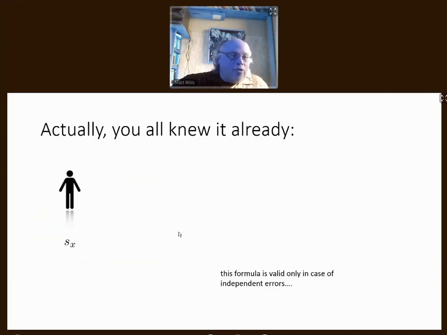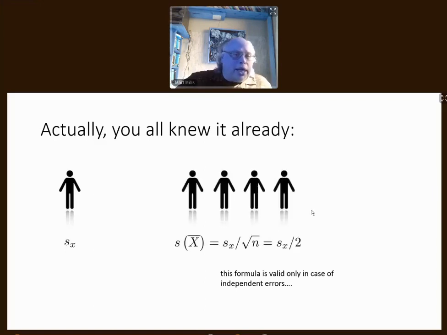You probably already know it in this sense that if you have some variability in how accurately you can predict one person, for example, or one observation, and if then somebody asks how accurately you can predict the mean of, let's say, 4 observations, then those very basic standard formulas state that the variability of your sample mean is the standard deviation of one observation divided by the square root of n, or the square root of your sample size.